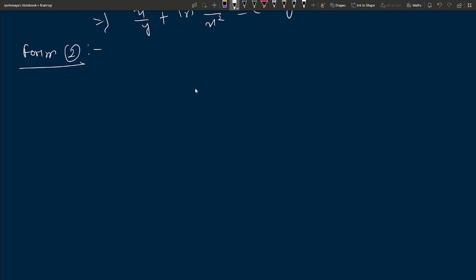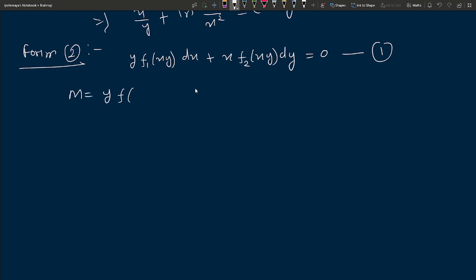Now what is form 2? Form 2 is if the equation has this type of form: y times some function of xy dx plus x times a function of xy dy is equal to 0. If the question is given in this form, here M is y times any function of xy, and N is x times a function of xy.